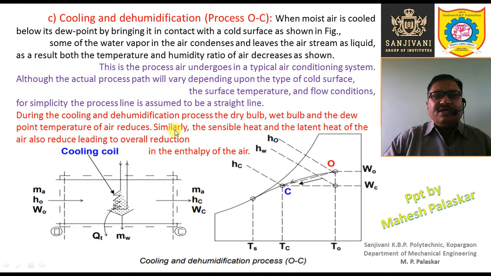During the cooling and dehumidification process, the dry bulb, wet bulb and dew point temperature of the air reduce. Similarly, the sensible heat and latent heat of the air also reduce, leading to overall reduction in the enthalpy of the air.